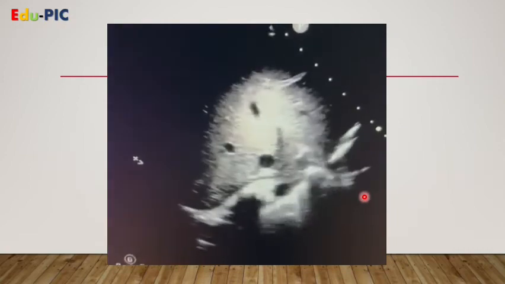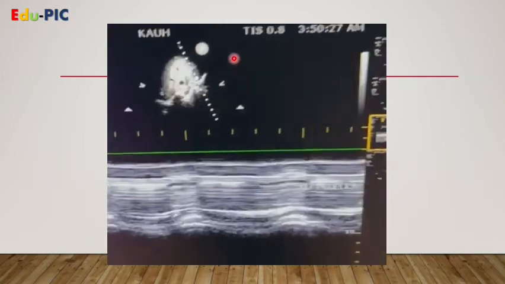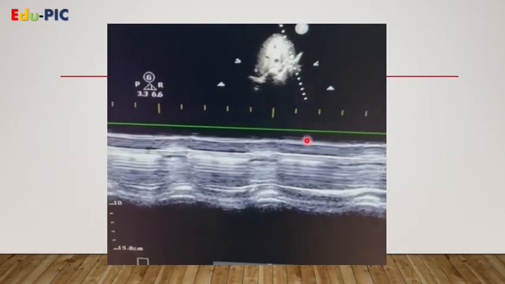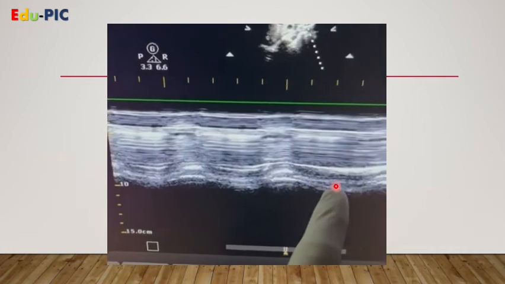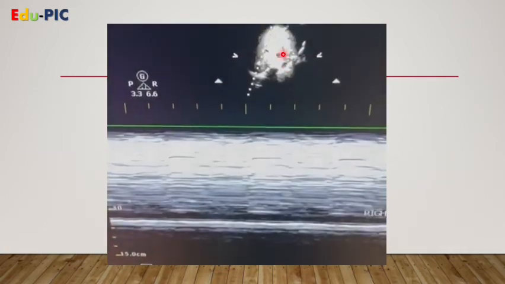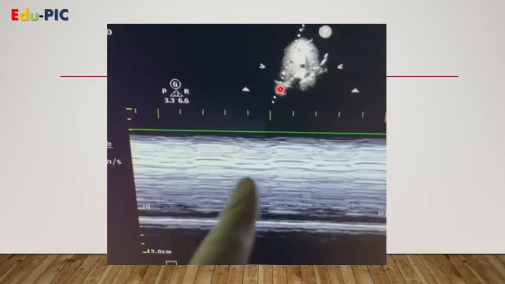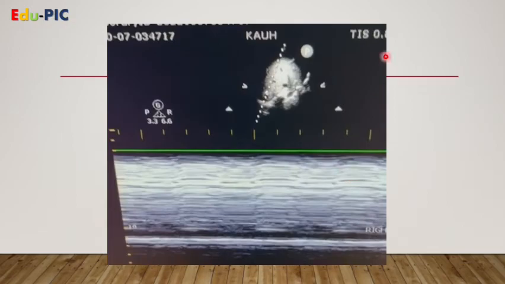You can see clearly. And if we go for the M mode, we put the cursor on the left hemidiaphragm, you can see here the excursion of the left copula with inspiration. Okay, and if you put it on the right hemidiaphragm, it's not moving, so it's showing a flat line.